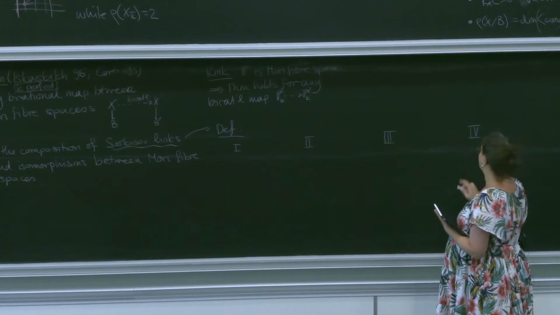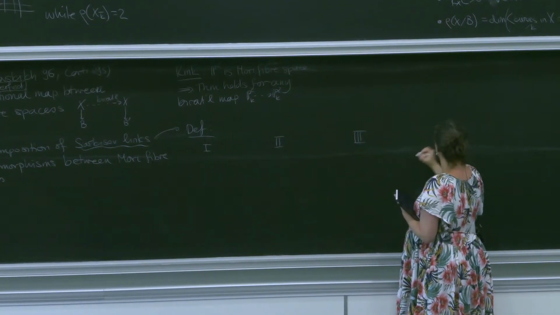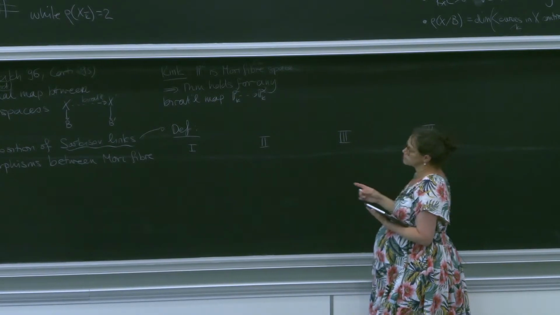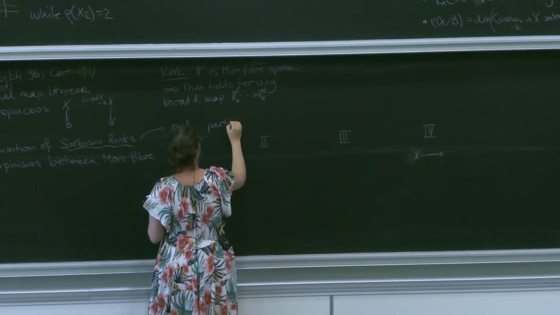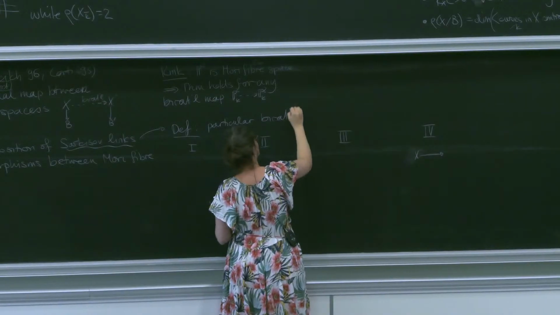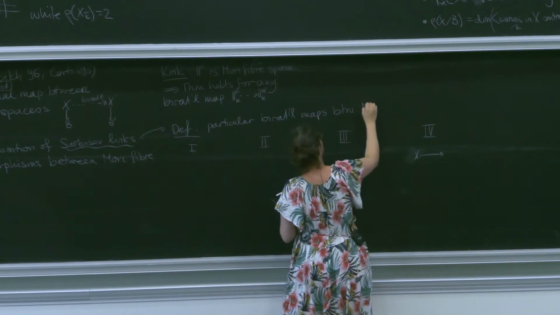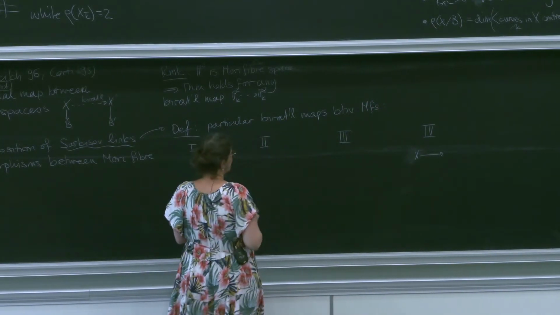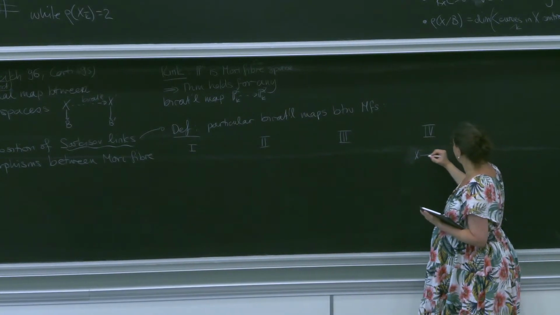So type 4 is the easiest one to write down. Sarkisov links are particular birational maps between Mori fiber spaces, and there are 4 types.